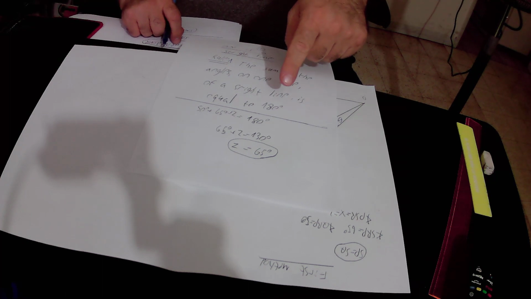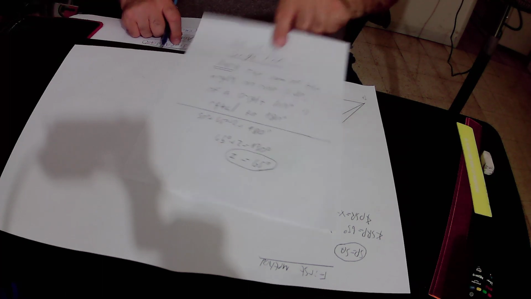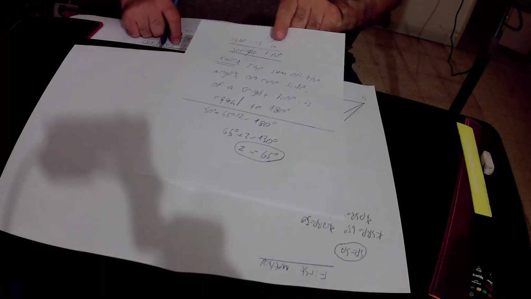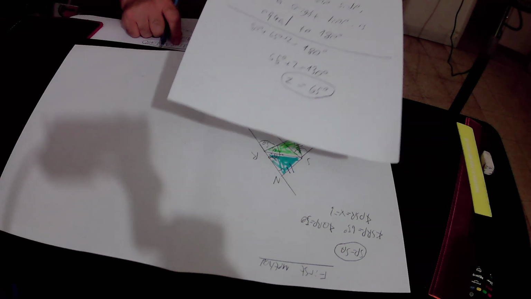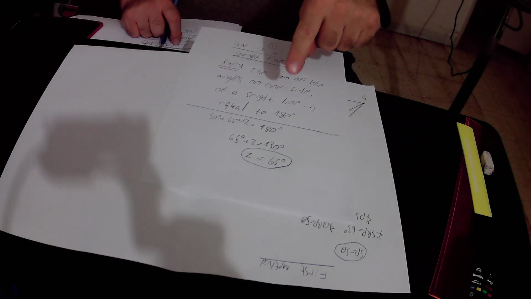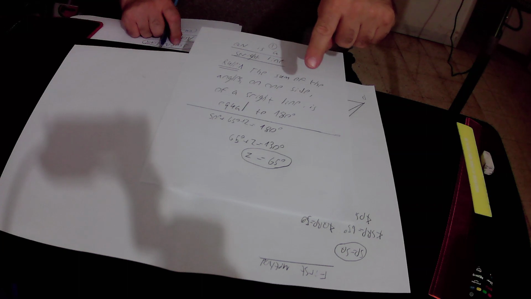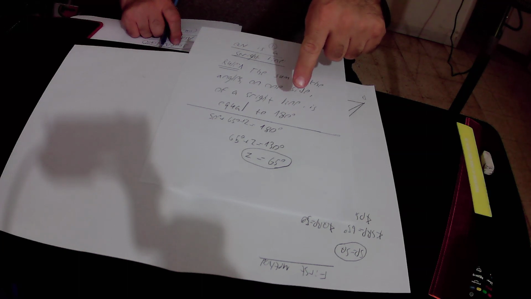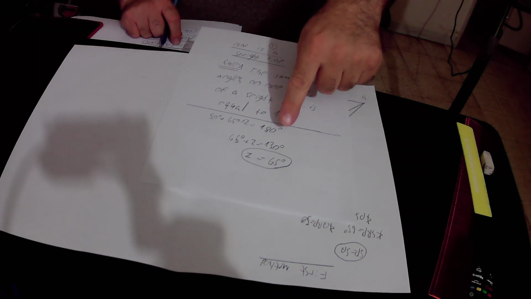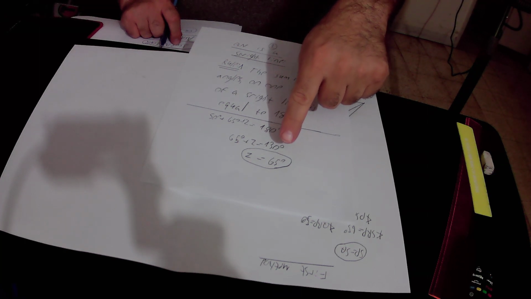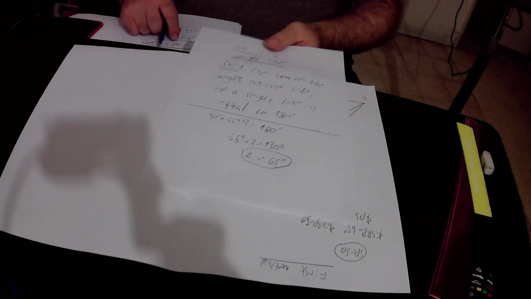If we focus on the bottom side of the straight line NQ at point R, the sum of the angles equals 180 degrees. Here we subtracted 50 degrees from this equality, and then we subtracted 65 degrees from this equality, and we found that angle Z equals 65 degrees.